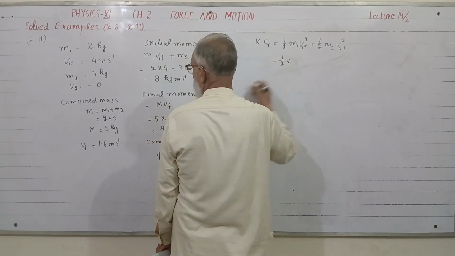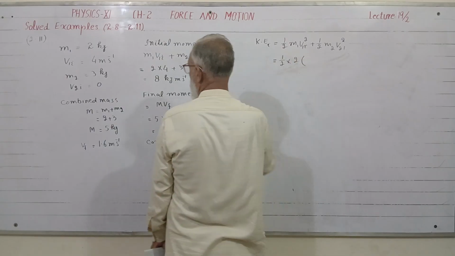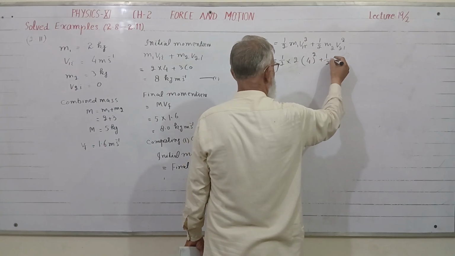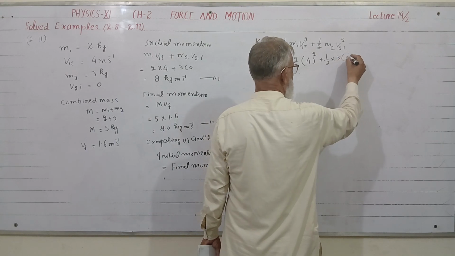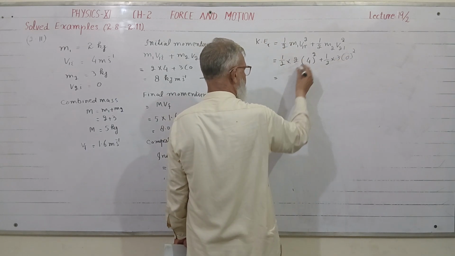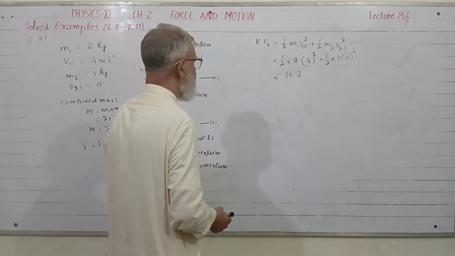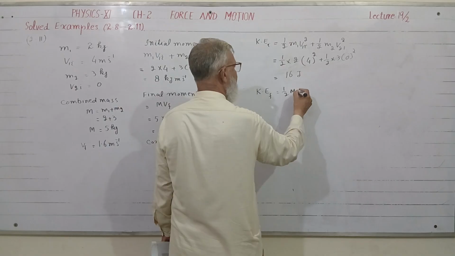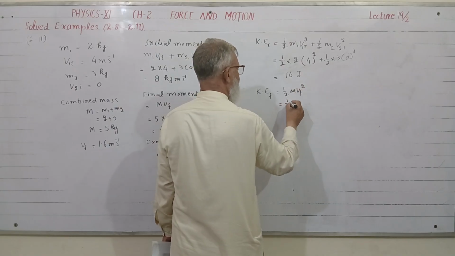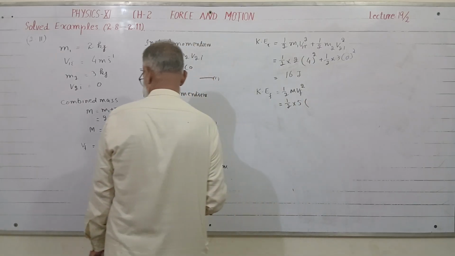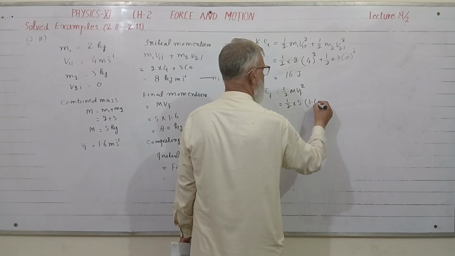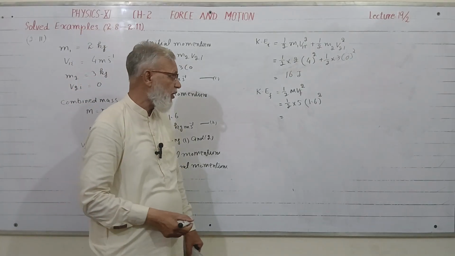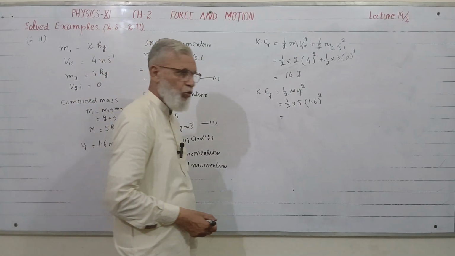That is 1/2 m1 which is 2, v1i square, square of 4, plus 1/2 m2 which is 3, v2i square which is 0. 4 cancels with the 4, 4 4s are 16 joule. Kinetic energy final is 1/2 m vf square, 1/2 into 5 into 1.6 squared. Take the square of 1.6, multiply by 5 and divide by 2, and the final kinetic energy comes out to be 6.4.